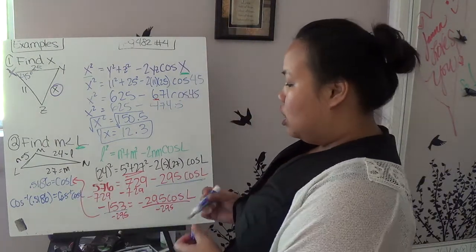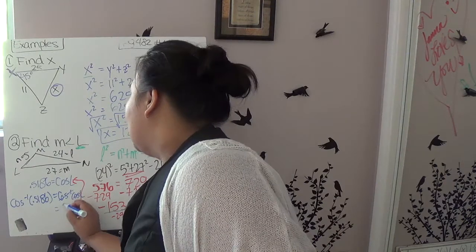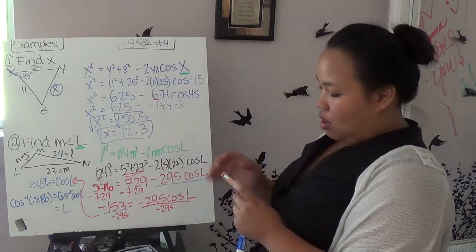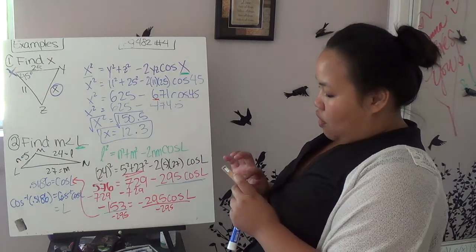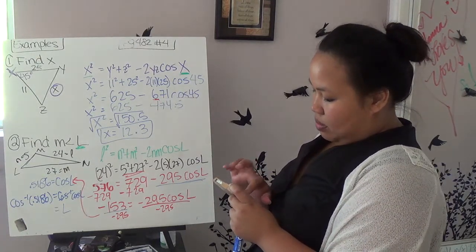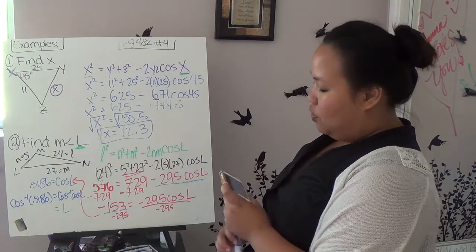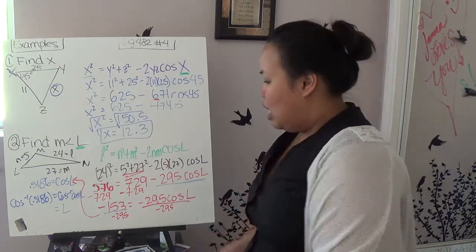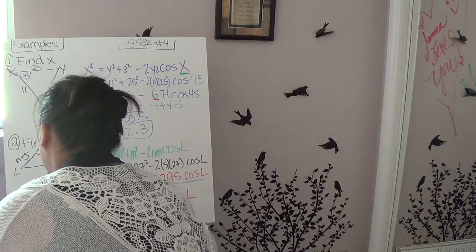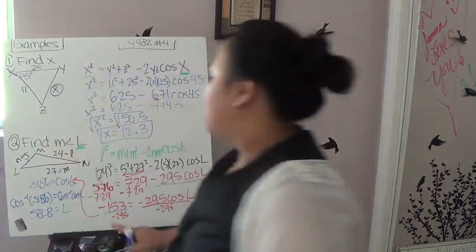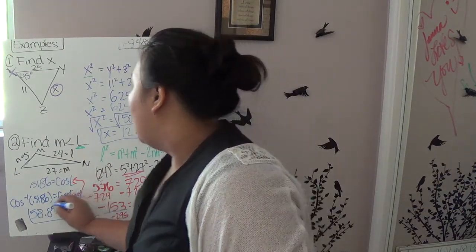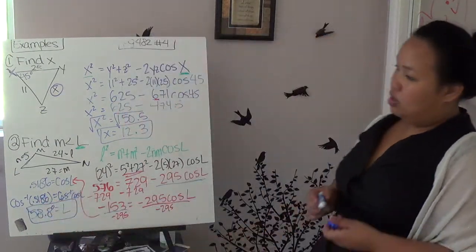Cos negative 1 and cos cancel out to give me just L. So now I have to find cos negative 1 of 0.5186, which is 58.8. Since this is an uppercase angle, that's going to be degrees. 58.8 degrees.